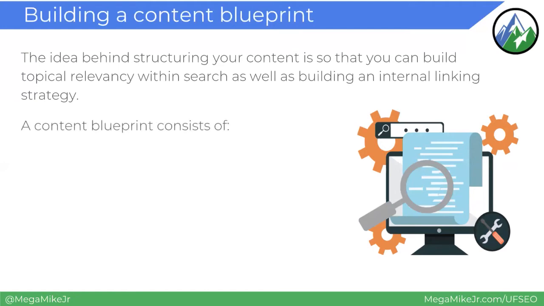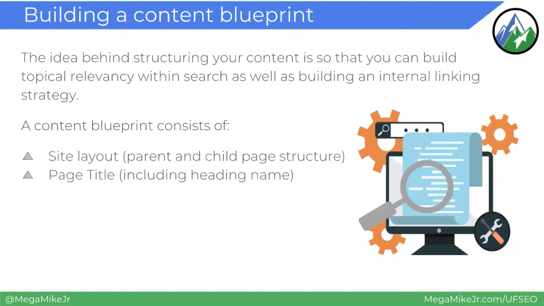So let's talk about what a content blueprint consists of. A content blueprint consists of site layout, which is your parent and child page structures. It also includes a page title, meaning your heading name, which most of you probably know as your H1 tag. Your focus keyword, which some people call the primary keyword, and which I use in some of my documentation.